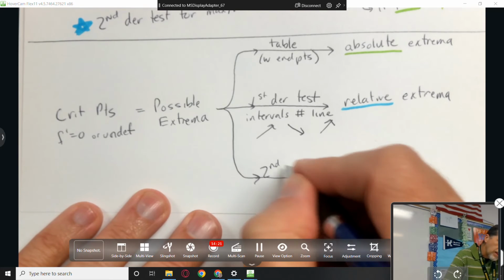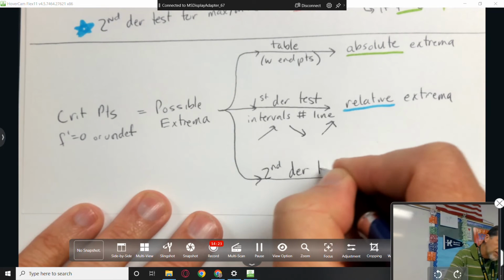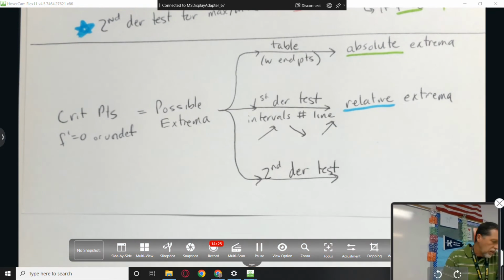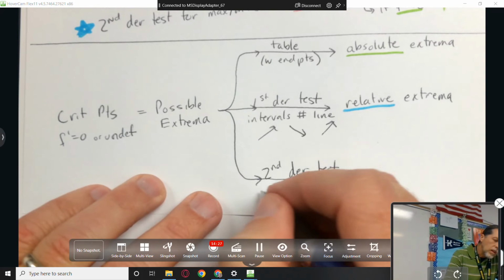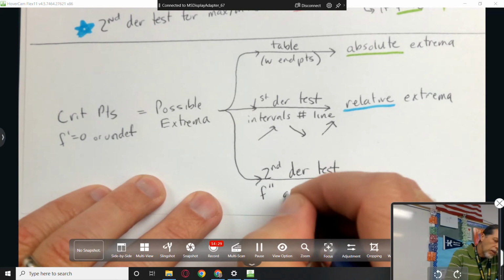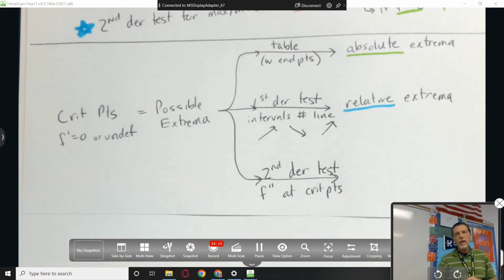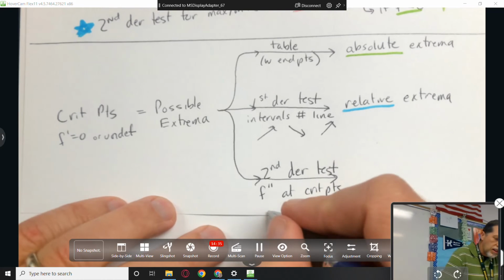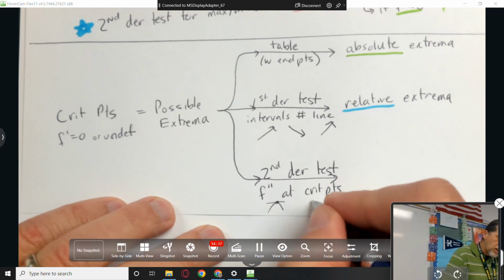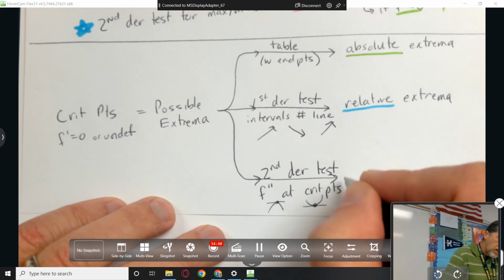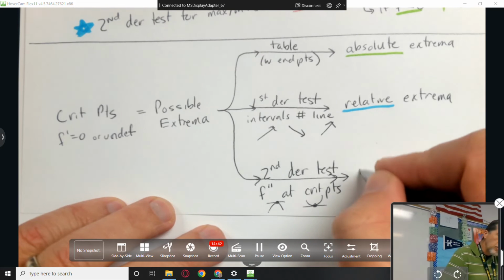And then the last thing you could do is a second derivative test, where you find the second derivative at the critical points. And then you're thinking about concave down, concave up, and that also tells you relative extrema.